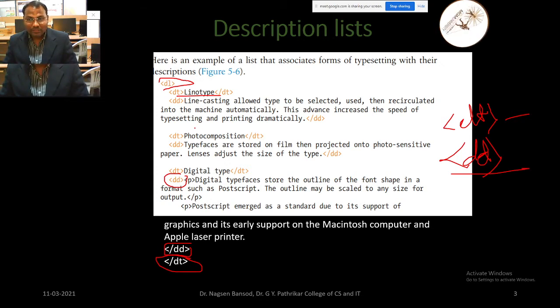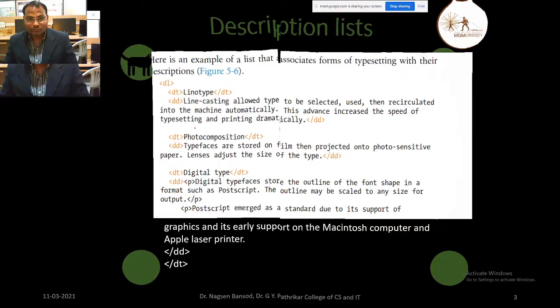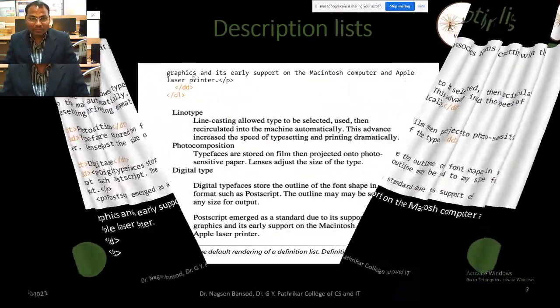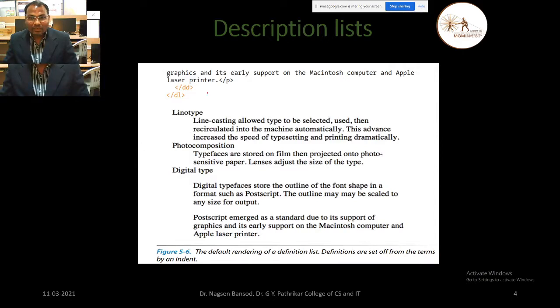Now see their outputs. Its output will look like the graph that is early supported on Macintosh computers and Apple laser printers. Now see linotype: this is the term and its definition we have displayed here. Then photo composition: this is the term and its definition we have displayed here.